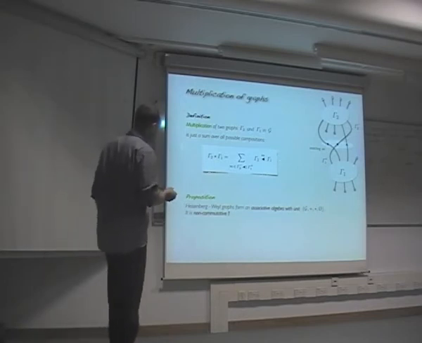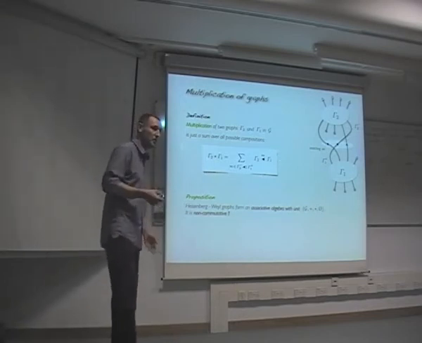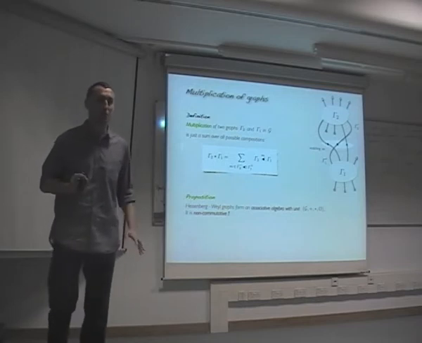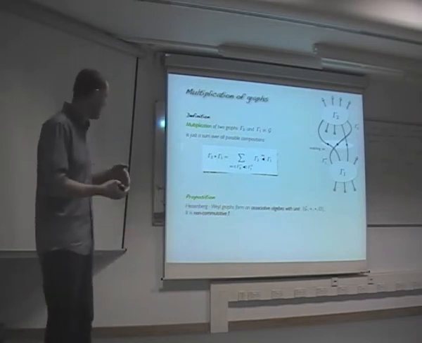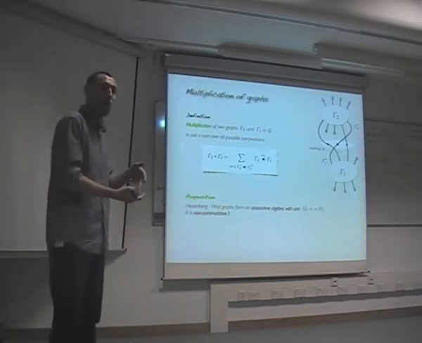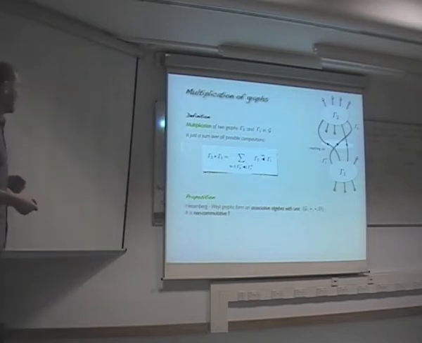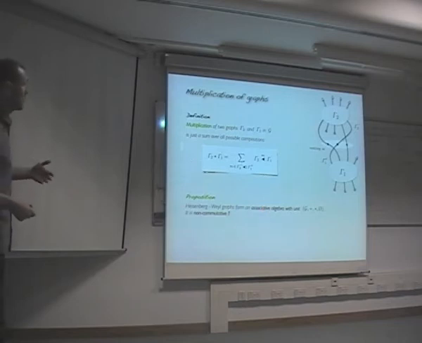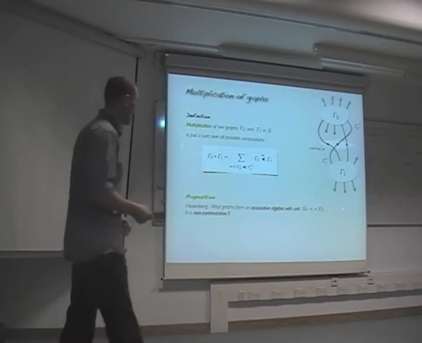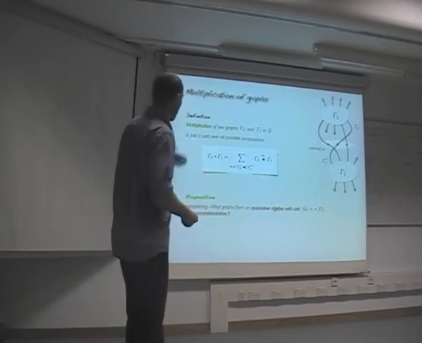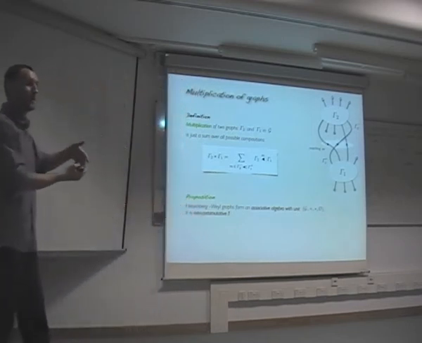It means just the sum over all possible compositions with coefficients equal to 1. So that's the definition of how to multiply two graphs. And here's the proposition: this multiplication provides me with an associative algebra with unit.